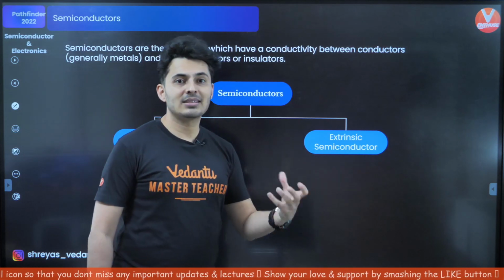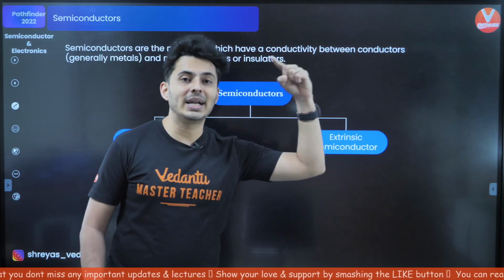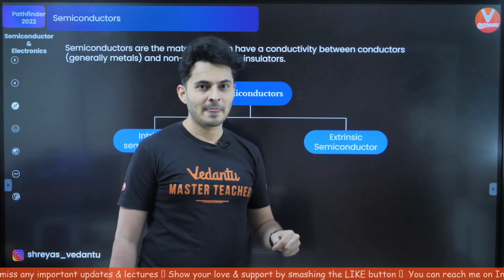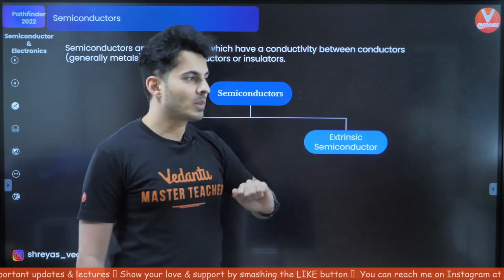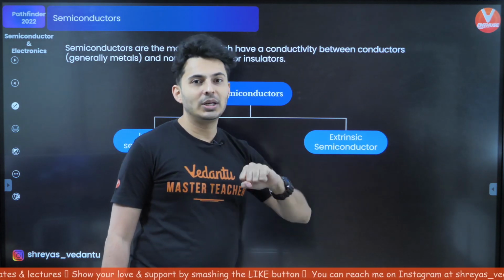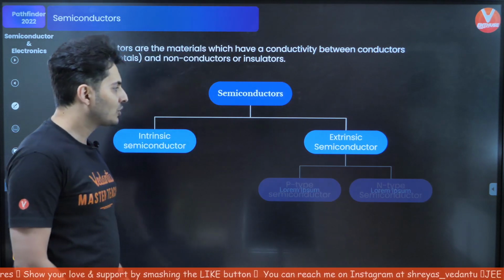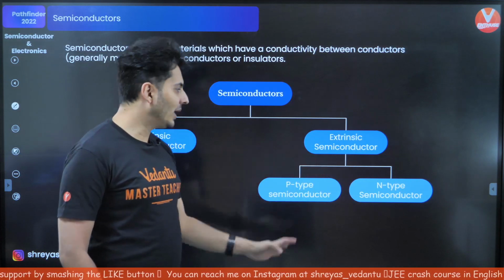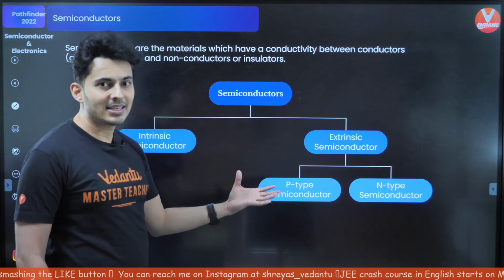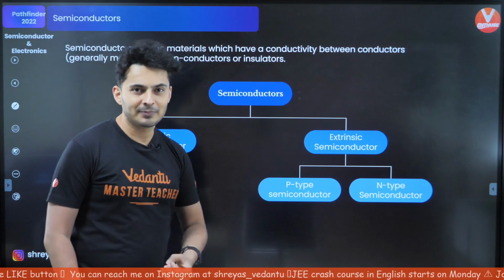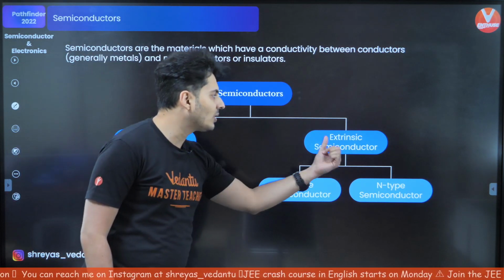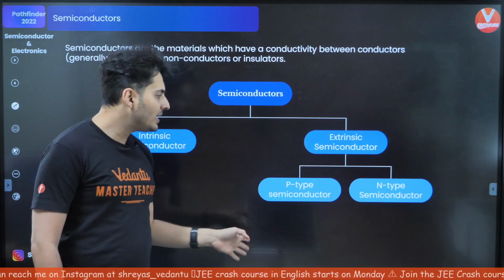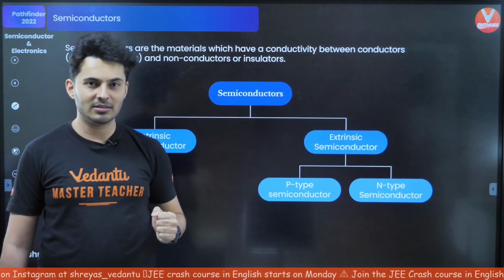feelings. So these are all your intrinsic properties. Extrinsic is something which is affected due to external factors. So you can probably do something to it to change its behavior. So you can change its behavior 2 ways again. One is by p-type and second is n-type doping. And that's why you get 2 types of extrinsic semiconductors, p-type and n-type of semiconductors.